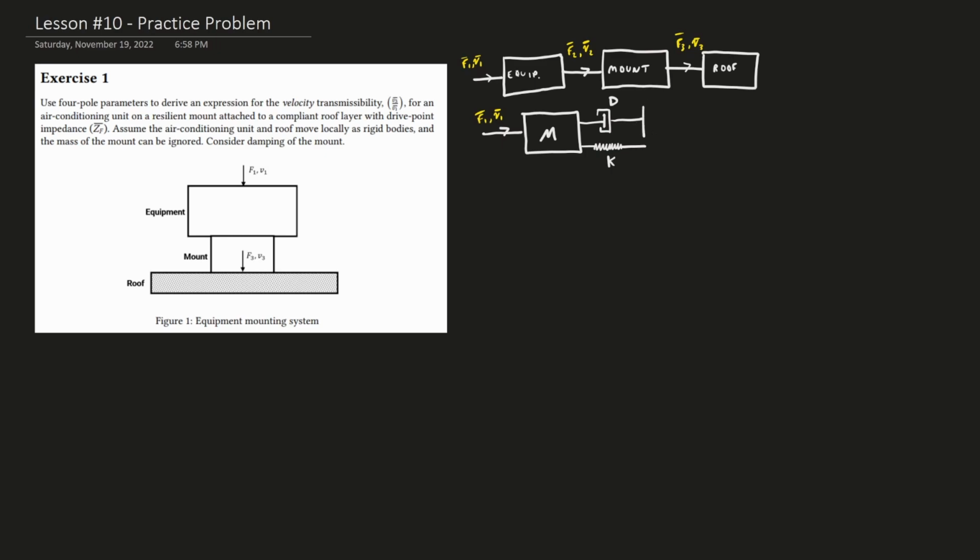And then since this is the representation of our mount, this then connects into our roof. And our roof, at the drive point, we know the impedance, we were able to measure it. So the roof will be our ZF term, our drive point impedance.